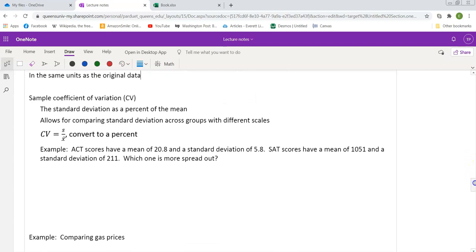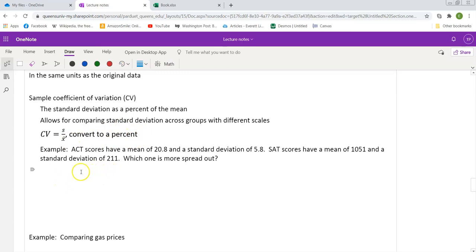All right, so back down here, when you do this division, you're dividing, in this case, minutes by minutes. These are both in the same units. So you divide out the unit. And so you're left with a percent.